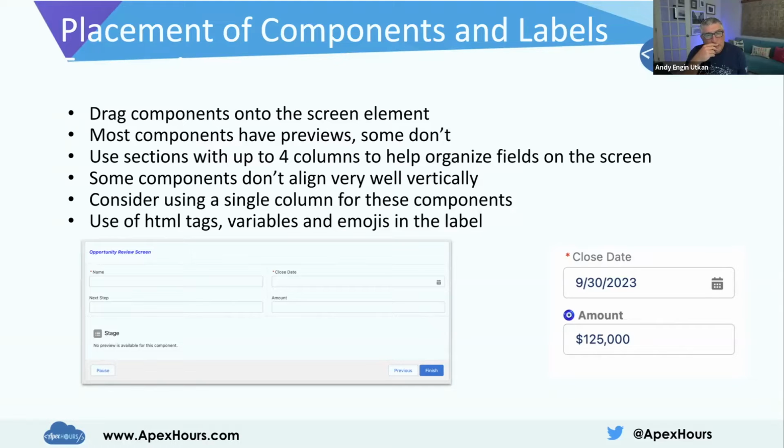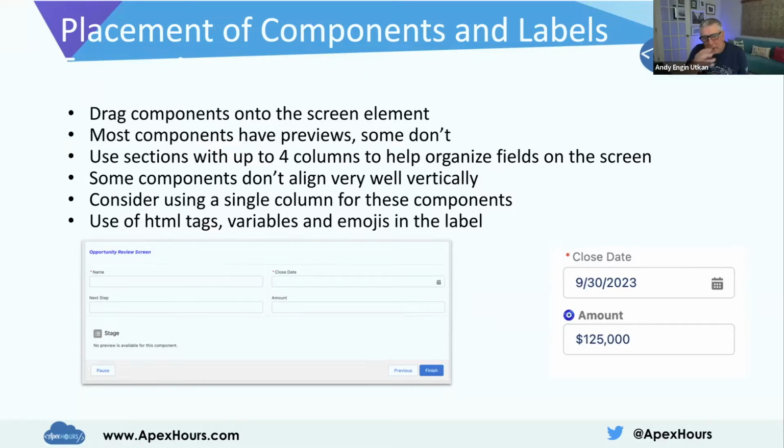And some components don't align very well vertically when you put them into the setup, especially in your two-column setup. When you put two fields on the left side, two fields on the right side, you're going to see sometimes this one doesn't align with this one. The product team has made some improvements related to this, but we still have some odd situations there.